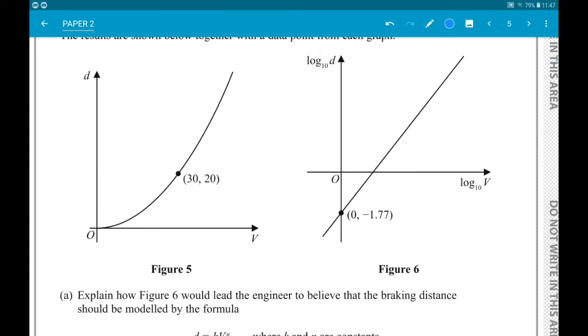Part A. Explain how figure 6 would lead the engineer to believe that the braking distance can be modelled by d is equal to kv to the n, where k and n are constants, and k is approximately 0.017. Alright, so that graph is of the form log 10d is equal to n log 10v add c.